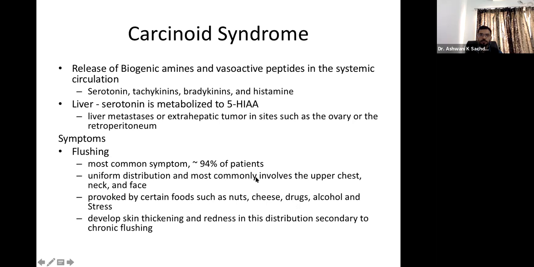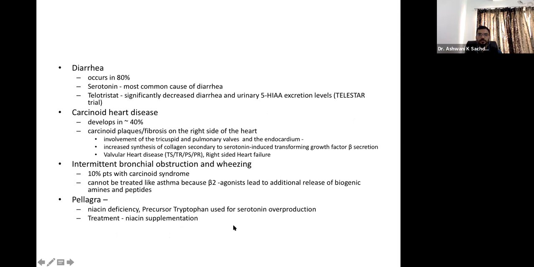These also affect the 5-HIAA level measurement. Skin thickening and redness develop in areas where chronic flushing occurs, a thickened, velvety skin along with redness in that distribution.